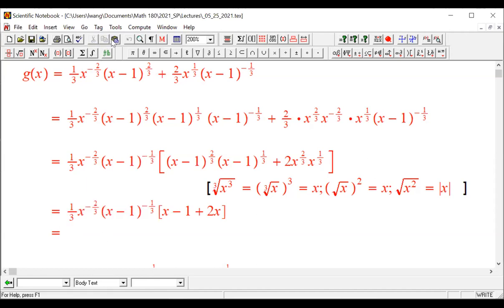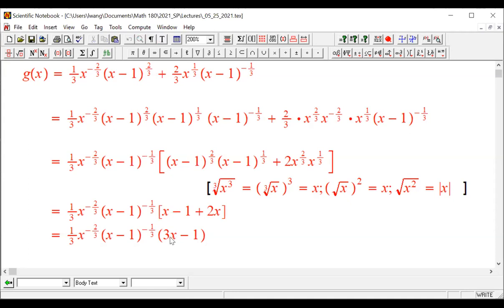So these with negative power, right? And then the rest is you just get 3x minus 1. But you need to remember, these are in the denominator.